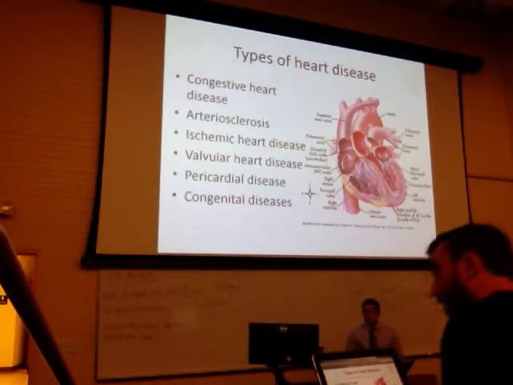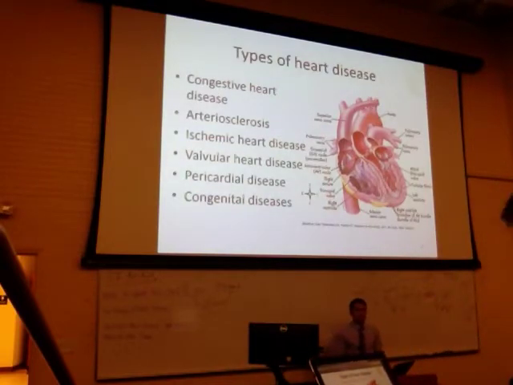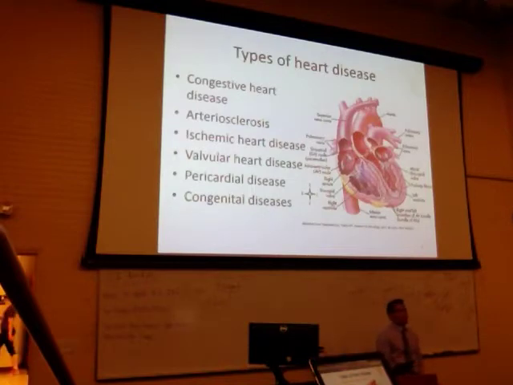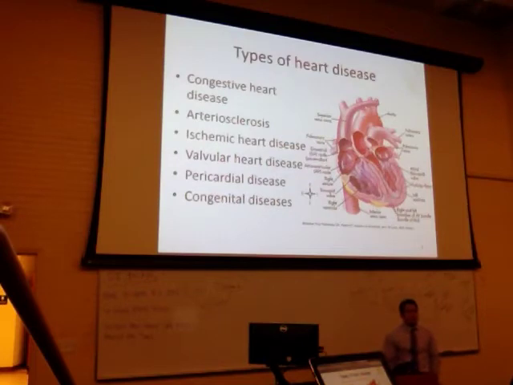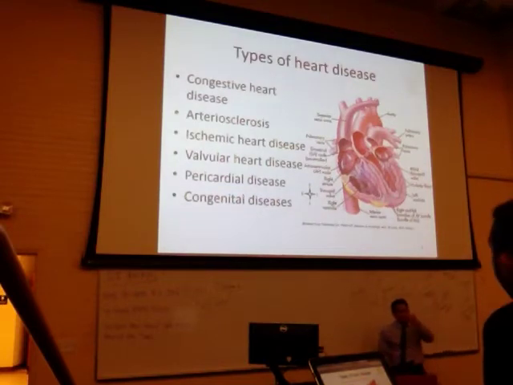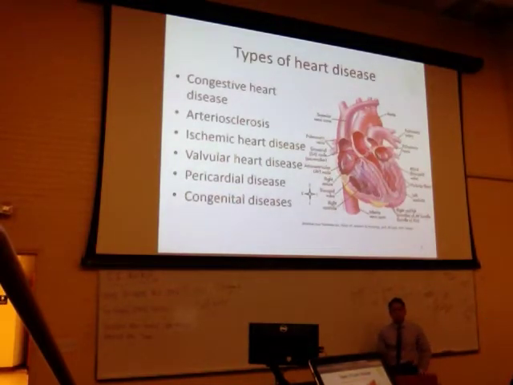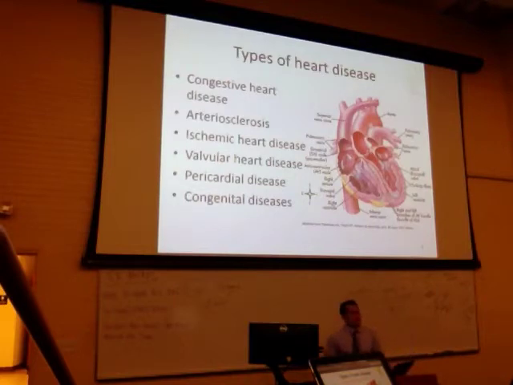The first three, congestive heart failure, arteriosclerosis, and ischemic heart disease, are the three that we're going to cover in today's lecture. But there is a long list of other types of heart diseases. The other three that we won't cover today help to add up to that 40% of the pie. Okay?